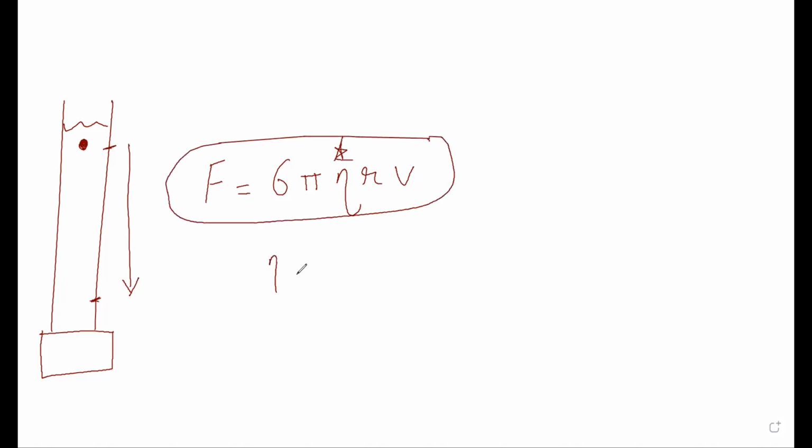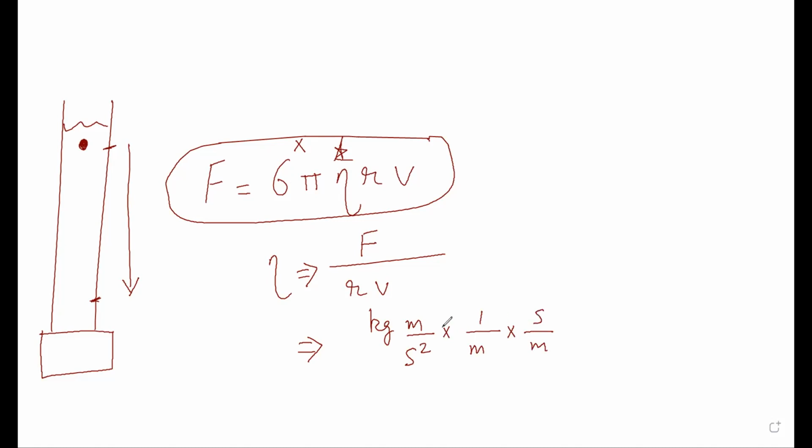Now I want to analyze this for the units of the coefficient of viscosity. 6 pi has no units. So this is kg meter per second square, mass into acceleration, upon 1 upon meter, upon meter per second.